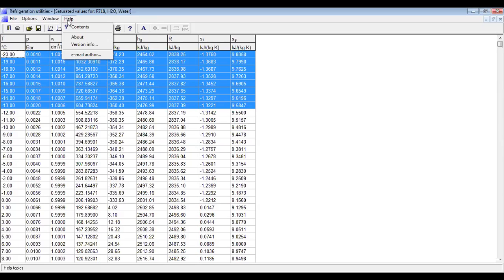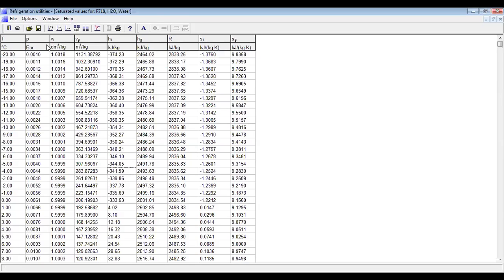Somehow you can export the data, but at least you can take a snapshot or whatever. Try to utilize this.